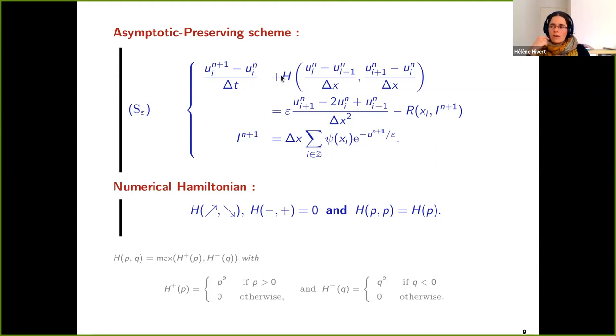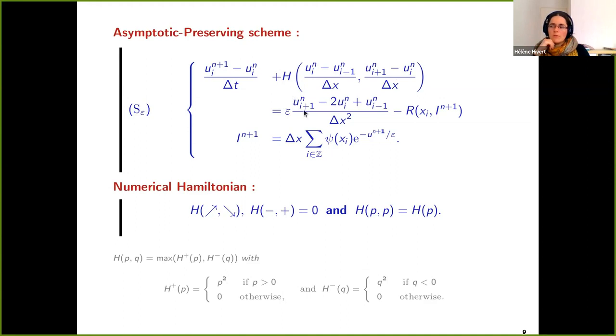But since we want the scheme to be stable when epsilon goes to 0 and to be convergent towards the limit problem when epsilon is equal to 0, it is important to put a good approximation of the Hamiltonian in the scheme, even when epsilon is positive.